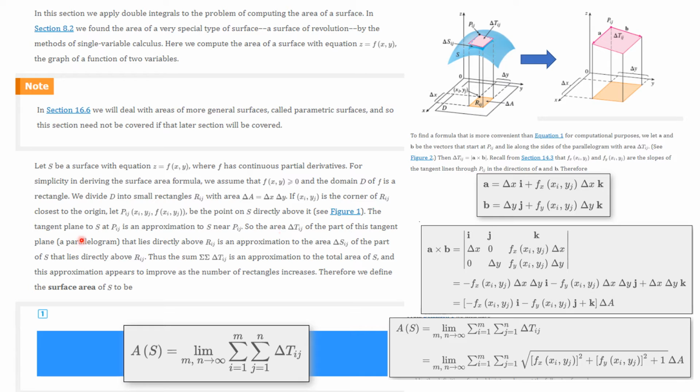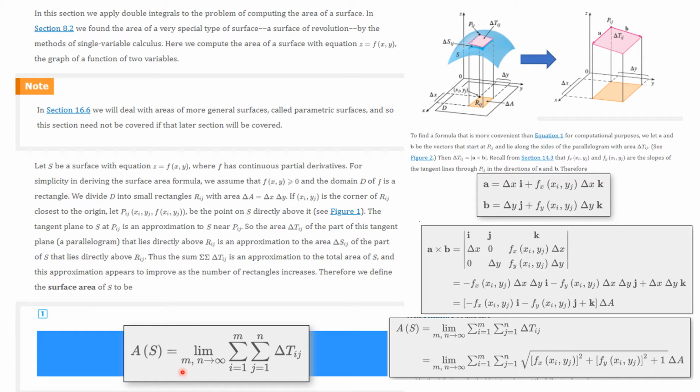So the tangent plane to S at Pij is an approximation of S there, and so the area of that little piece of the tangent plane, that parallelogram that lies directly above Rij, is an approximation to the area, delta Sij, of the part of S that lies directly above Rij.